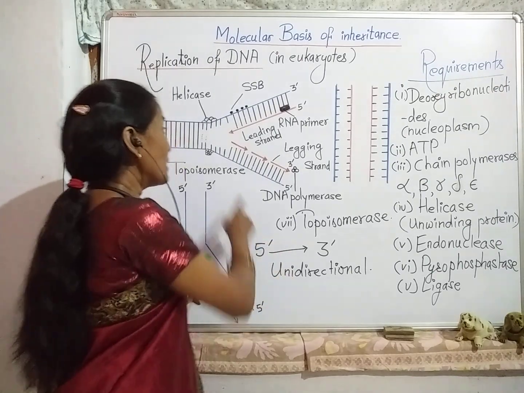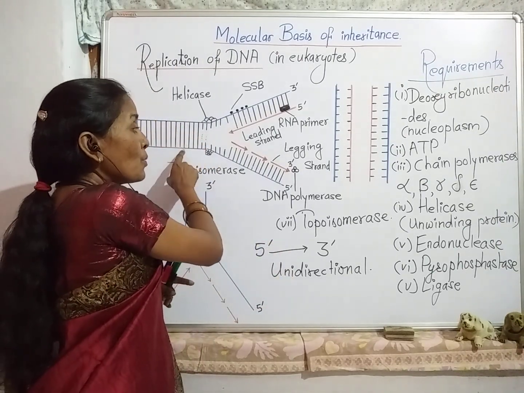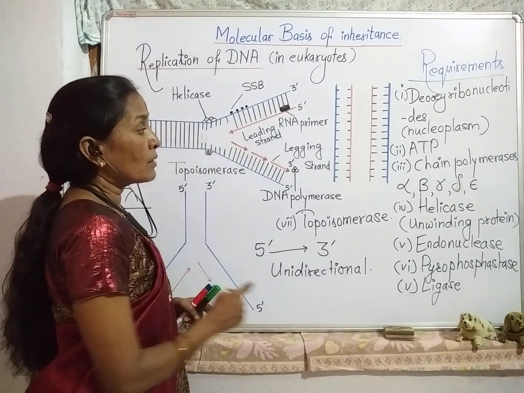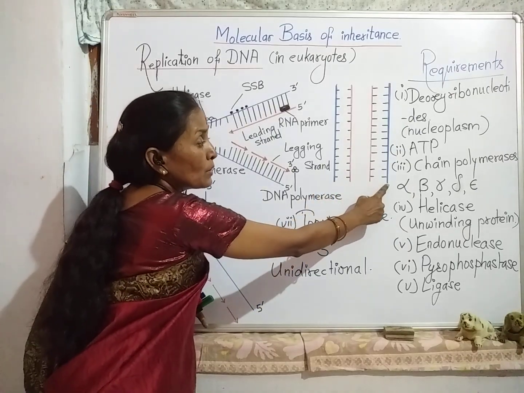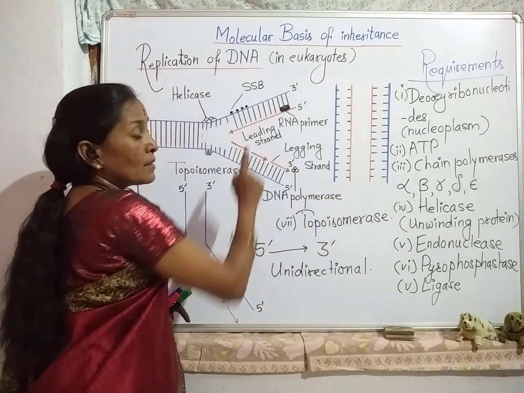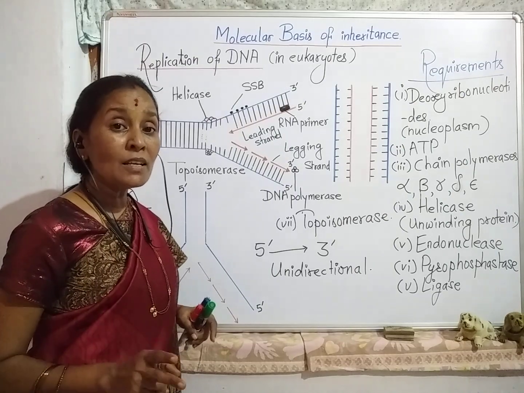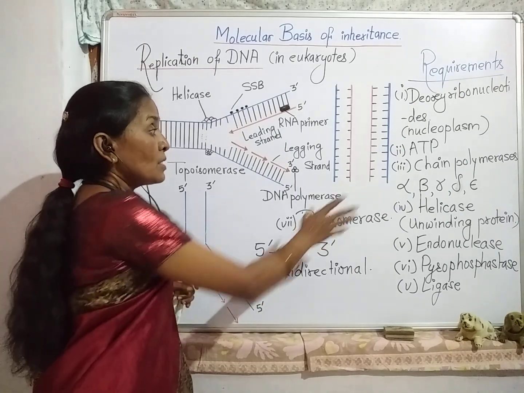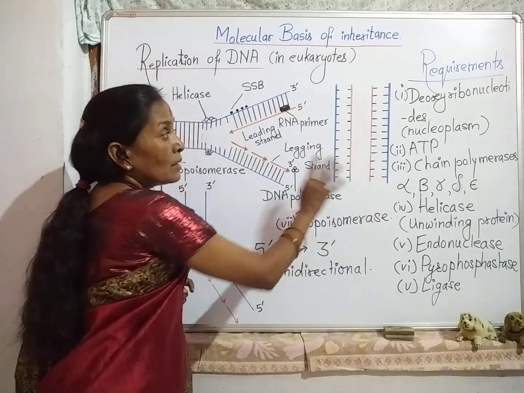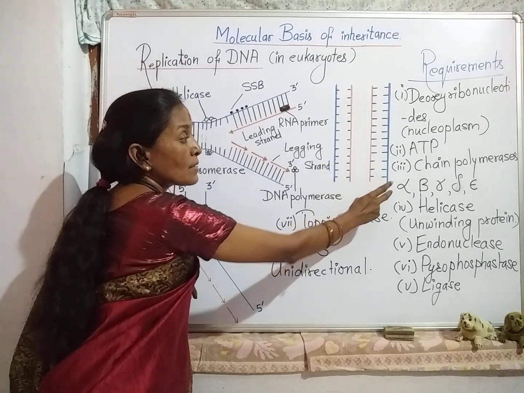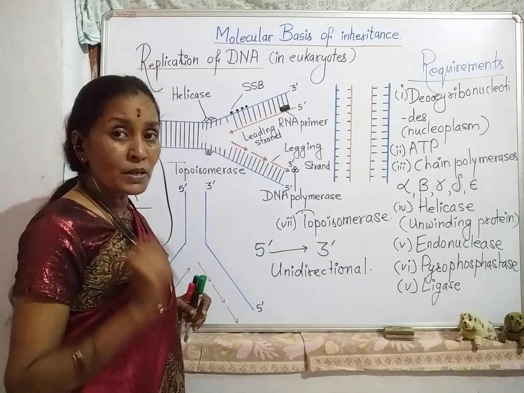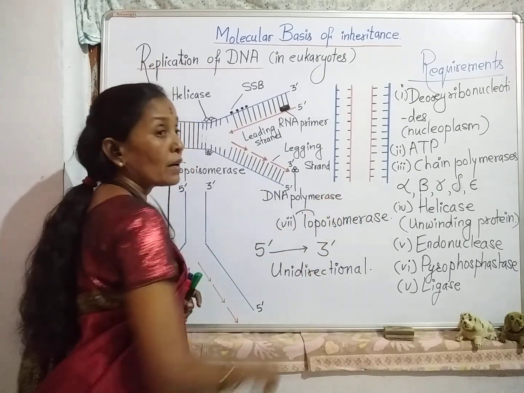Here, student, I am using the blue marker for showing the old strand and the red colored marker for showing the newly formed strand. So in this manner, two strands are old and two are new.